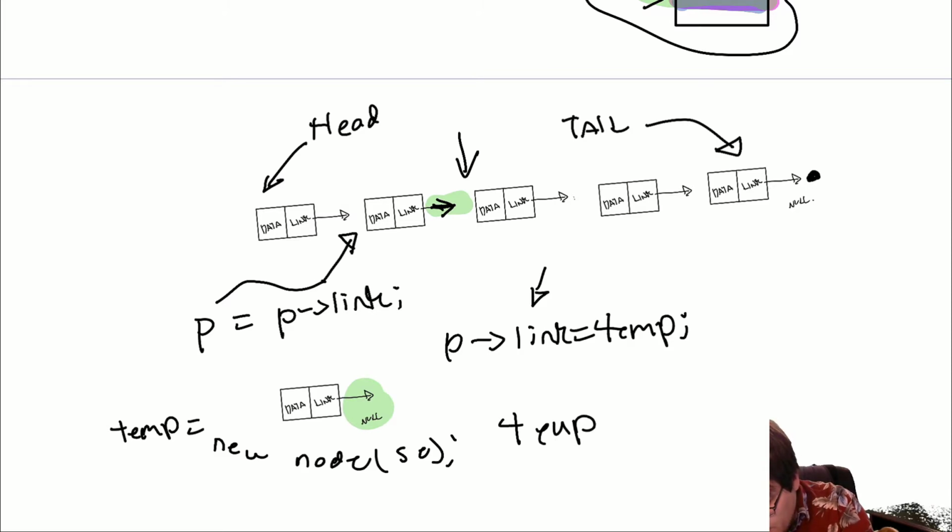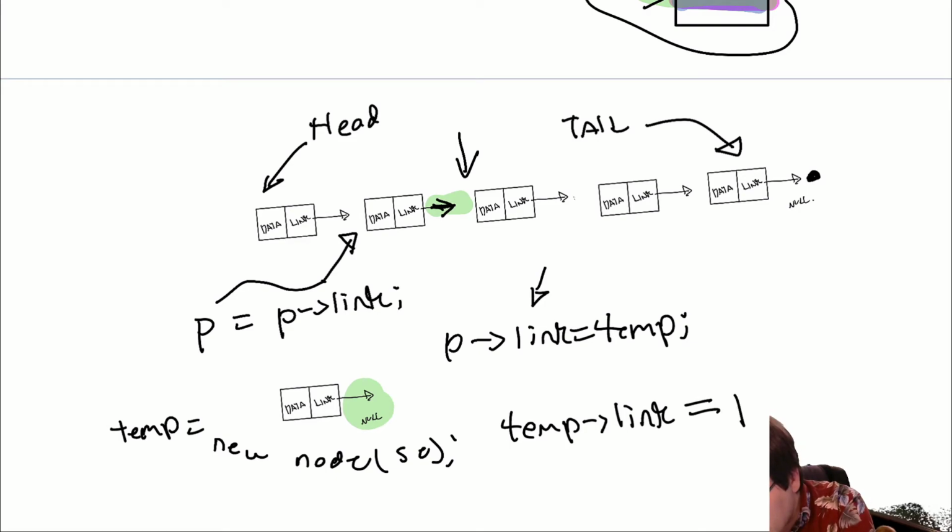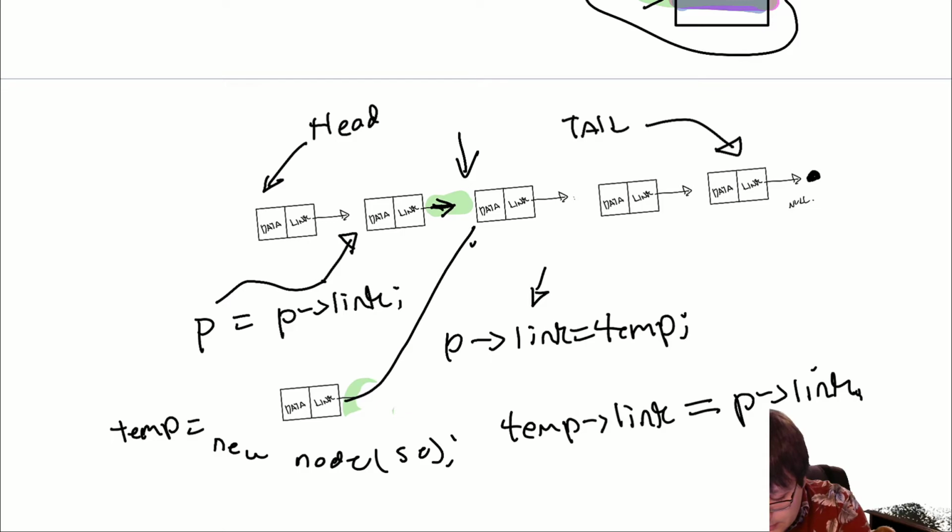So basically take temp link, which is currently pointing to null if you initialize it, as I keep telling you to do, and go ahead and assign P link there. That is going to do that because it's copying the pointer here. So it's copying this pointer into here. Basically copying the data of here into here.